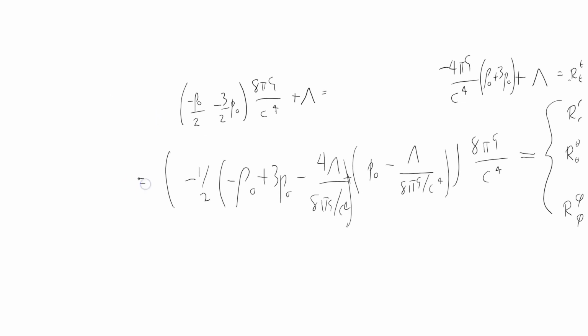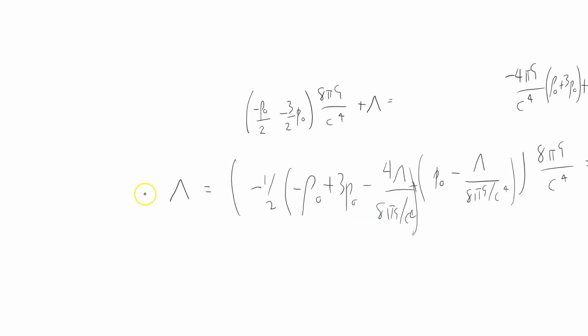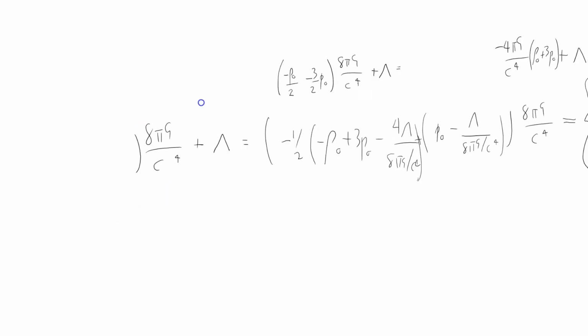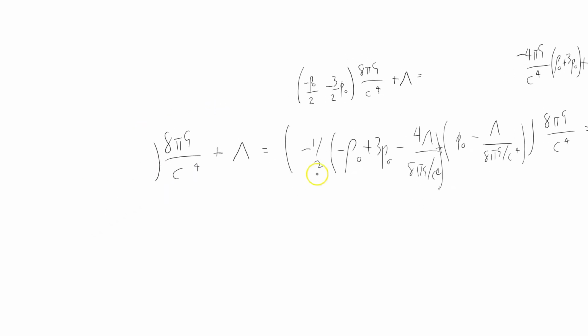Well, how many cosmological constants have we got? We've got minus 1 plus 2, which is a whole cosmological constant. We've got plus 8 pi G over c to the power 4 times, what p0s and what rho 0s have we got here?